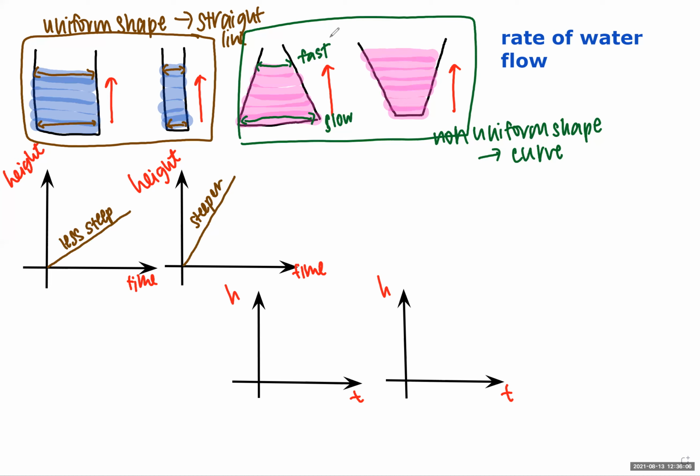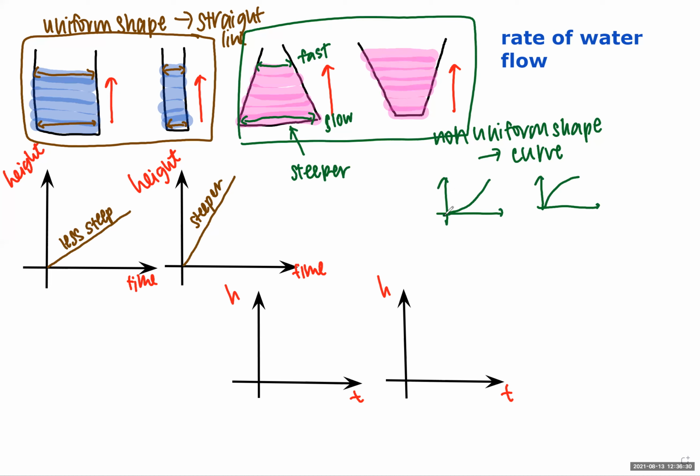So from slow to fast, there are only 2 types of curve. It's either this way or this way, because for the y value, it's always going up. So getting from slow to fast means it's going to be steeper.